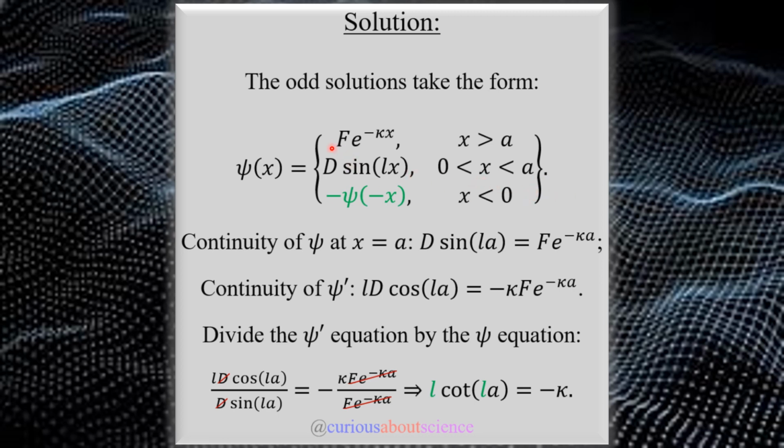And then here we would be -F e^(κx), for x less than -a. So that's what this green term represents. It's just a really nice way of reporting it, and we report for the top half of the well. And what I mean by top half is 0 to a. So just be aware, a little shorthand there.